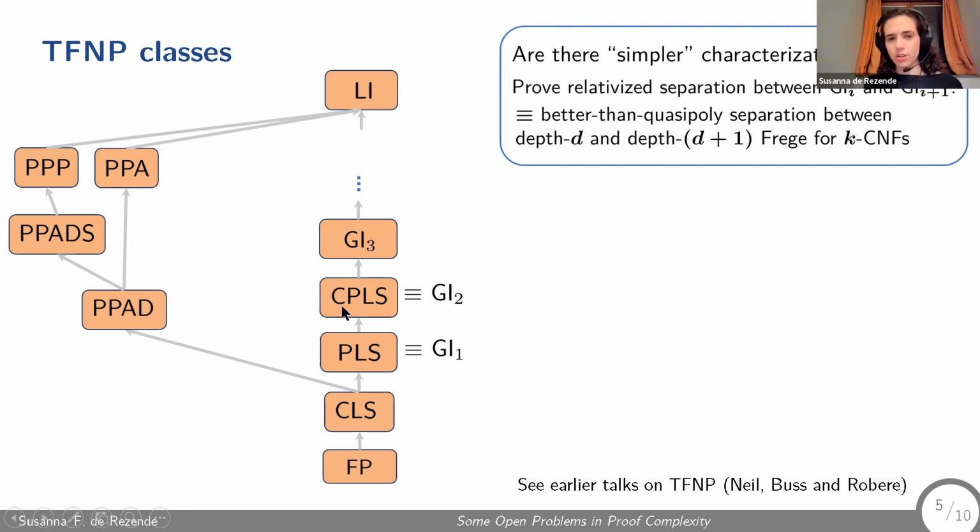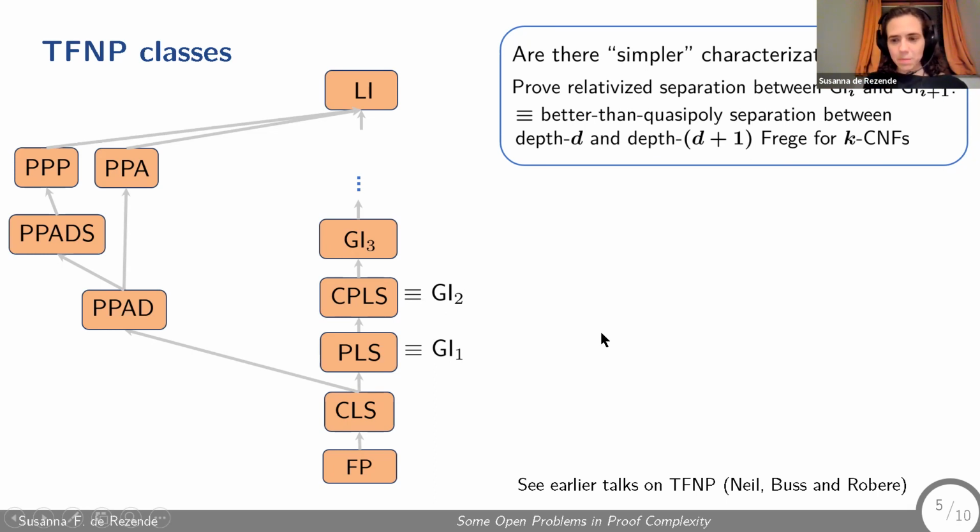So there's this question of whether we can find simpler or more combinatorial equivalent classes for higher GIk in the sequence, and also to prove relativized separations between different levels of this hierarchy. This is morally equivalent to the question we saw earlier of proving better than quasi-polynomial separation between depth d and depth d plus 1 Frege for k-CNFs.